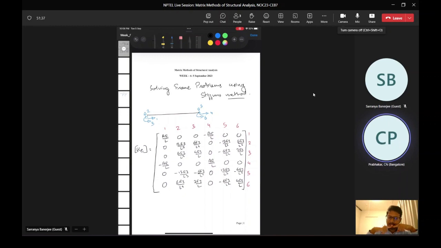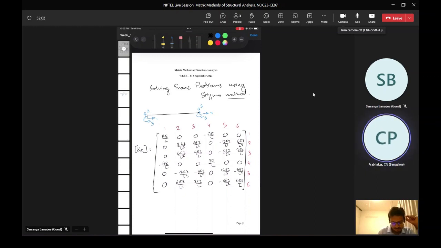Because if you consider degree of freedom 2, the second column and the third row, it is a moment, right? Degree of freedom 2 is a force. Row number 3 is a moment.